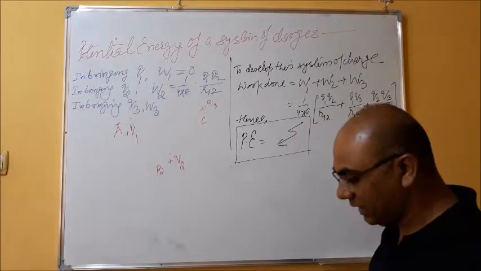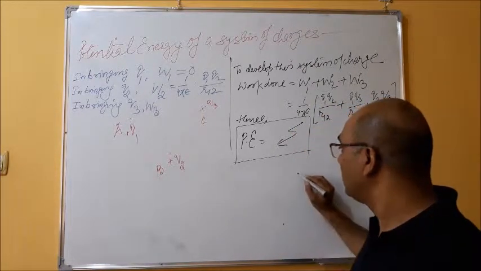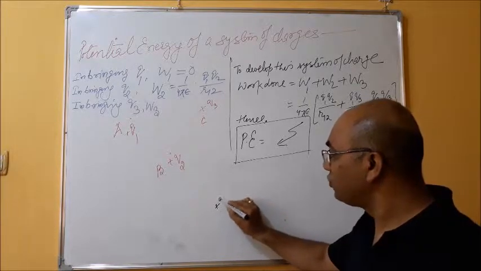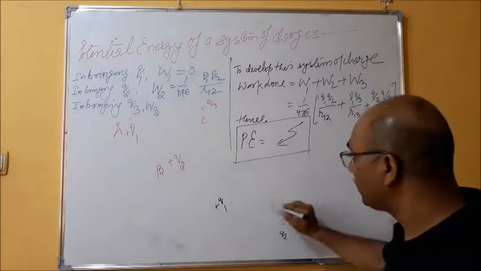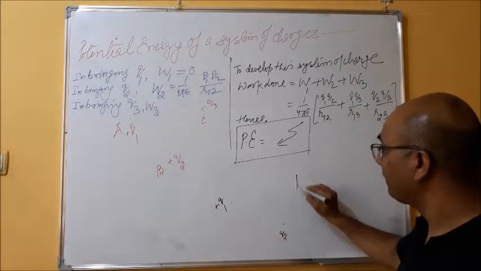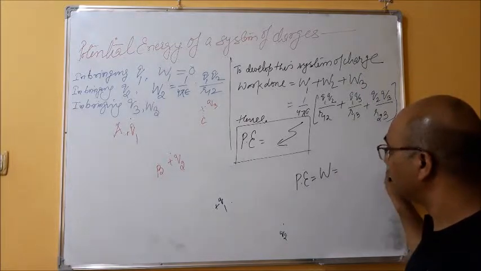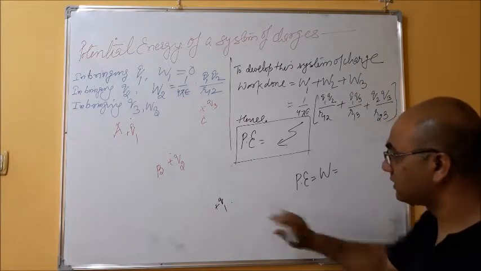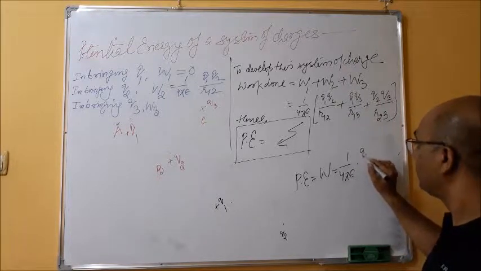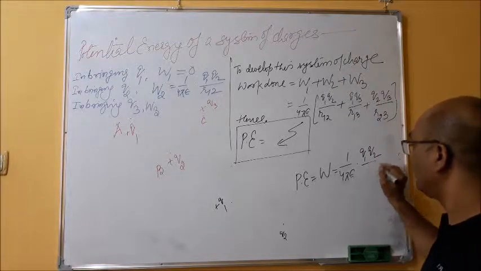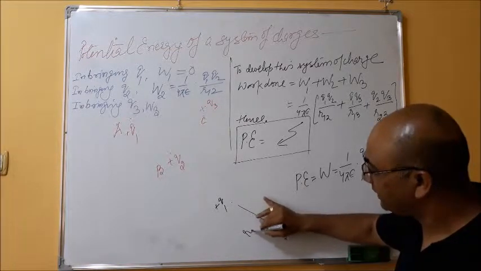Also, second thing, it's very important. I said that this is plus Q1 charge and this is plus Q2 charge, right? And what is the potential energy or work done for this assembly? 1 upon 4 pi epsilon Q1 Q2 upon R12, right?